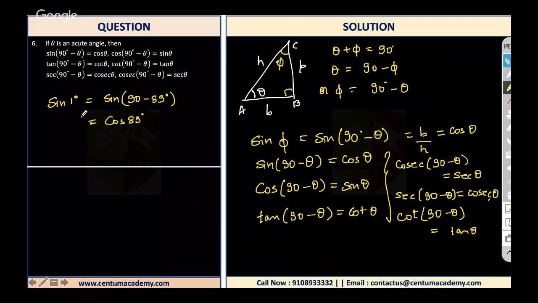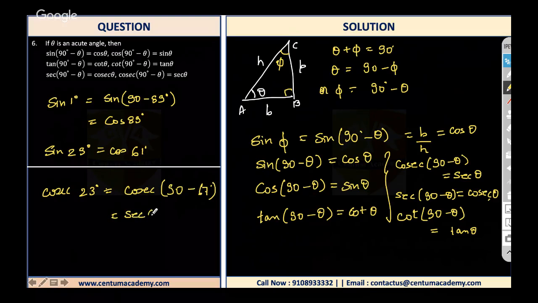So cos 89 is sine 1. Similarly, sine of a random angle, say 29 degrees, is nothing but cos of 61 degrees. And cosecant 23 degrees is nothing but cosecant of 90 minus 67 degrees, so it is secant 67 degrees.